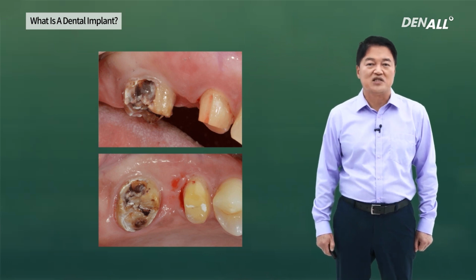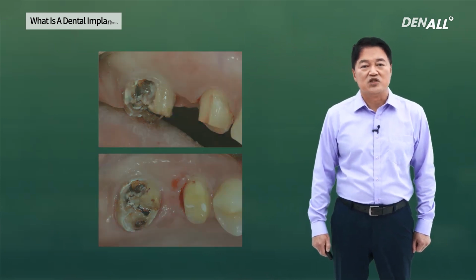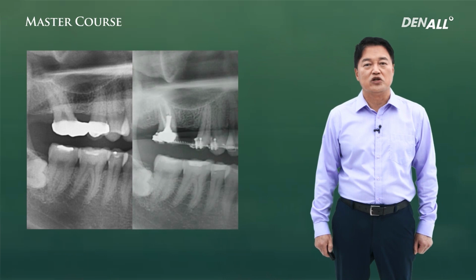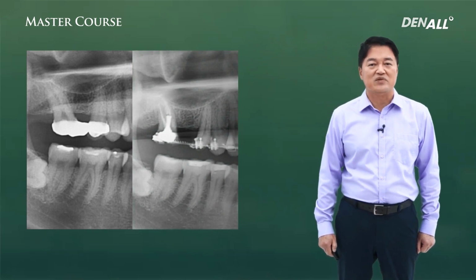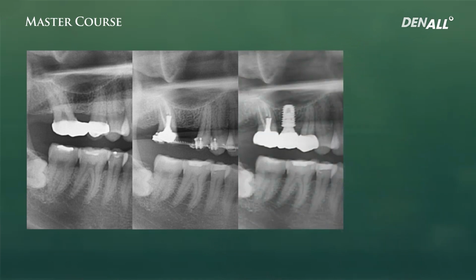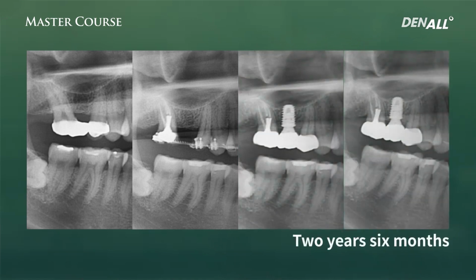Endo treatment was required and retreatment was required. As we did retreatment, the tooth was slightly mesially tilted. Orthodontic treatment was done. In number 17, endodontic treatment was done. An implant was placed. Prosthesis was delivered. 2 years and 6 months later, results are still stable.